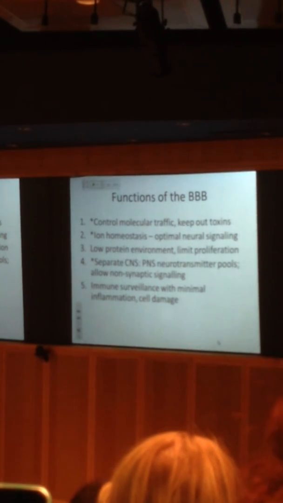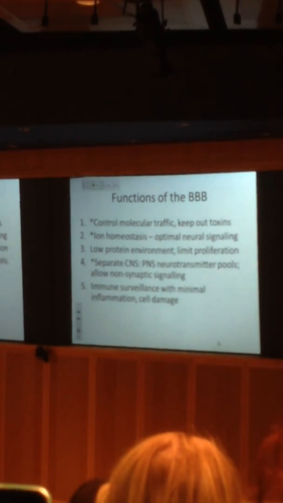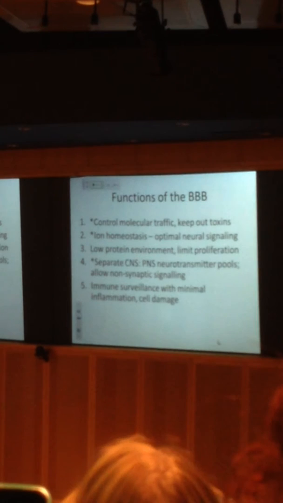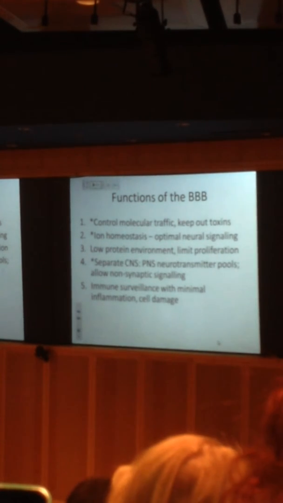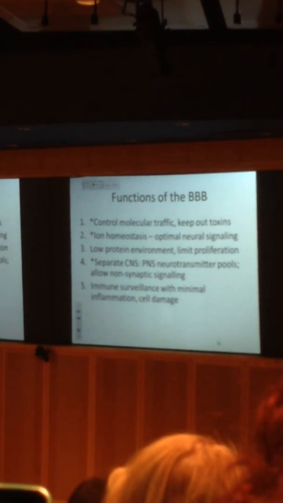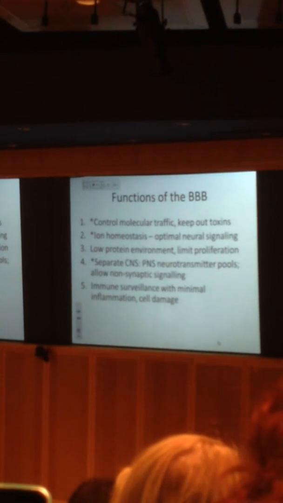The reason is that some of them are able to cross the blood-brain barrier and some of them do not. And the reason they are able to cross is often either they have transporters or they are lipid soluble, so they can diffuse through the membrane. So the barrier keeps out toxins.